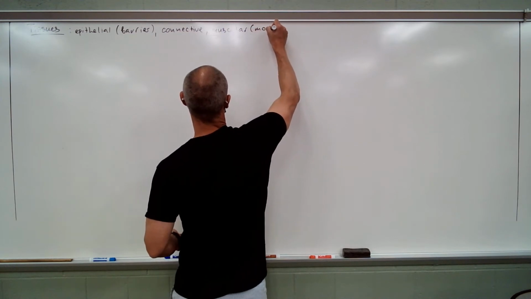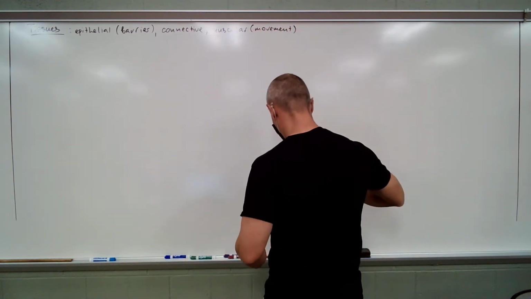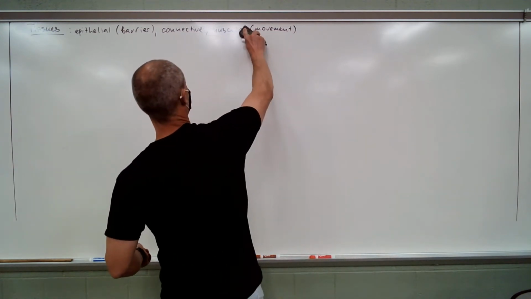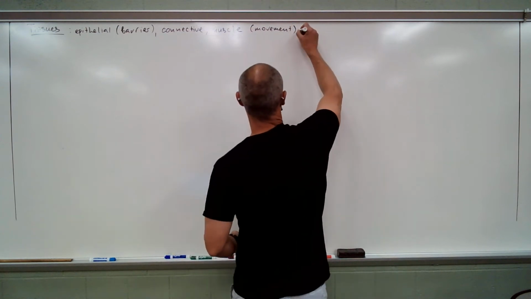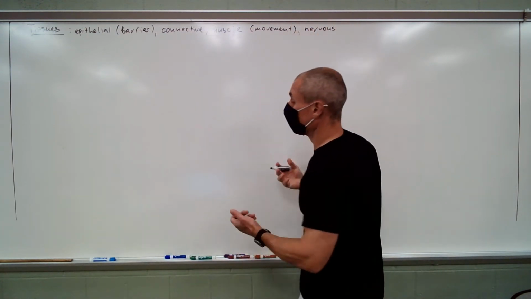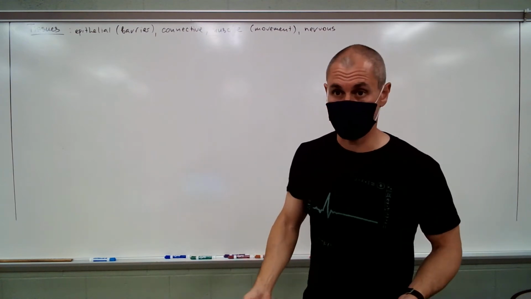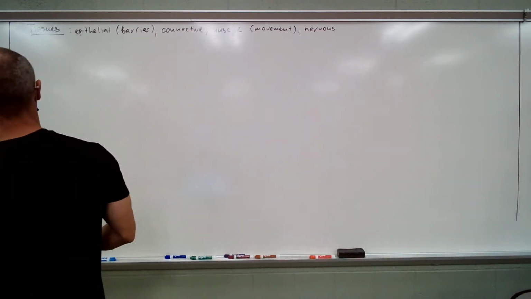Muscular, movement. Well, actually not muscular, but more properly muscle tissue. And nervous. Well, also kind of self-explanatory, right? Communication and processing.